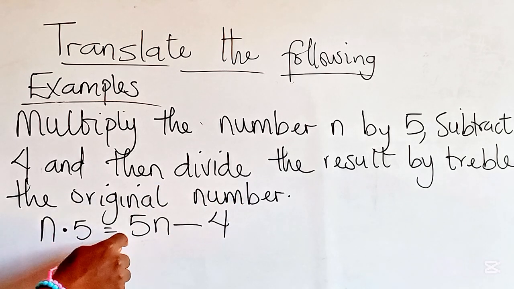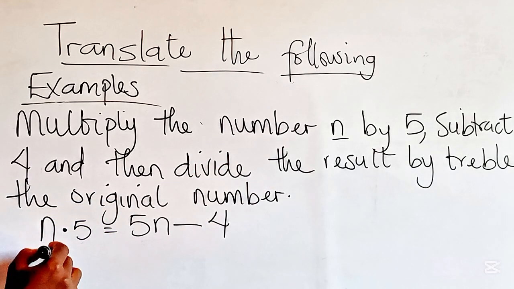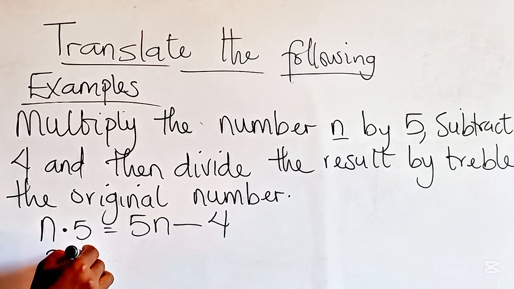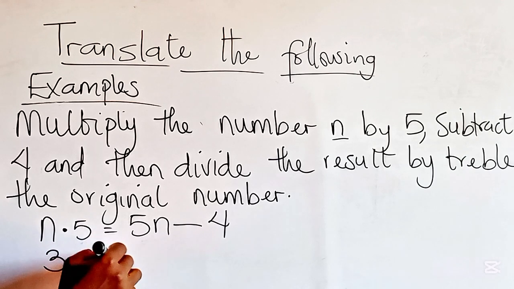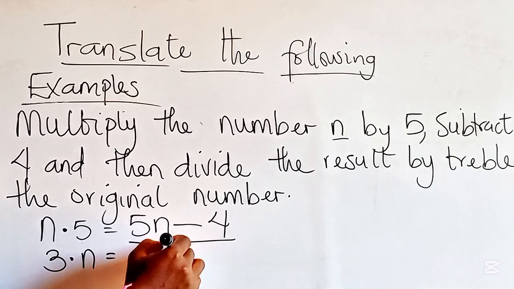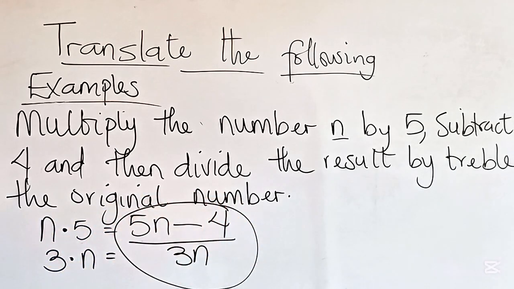Then it says this result, we should divide it by treble the original number. The original number here is n, and treble means 3 times. So 3 times the original number is interpreted as 3 times n, which equals 3n. So this result here should be divided by 3n, and this is how to interpret it.